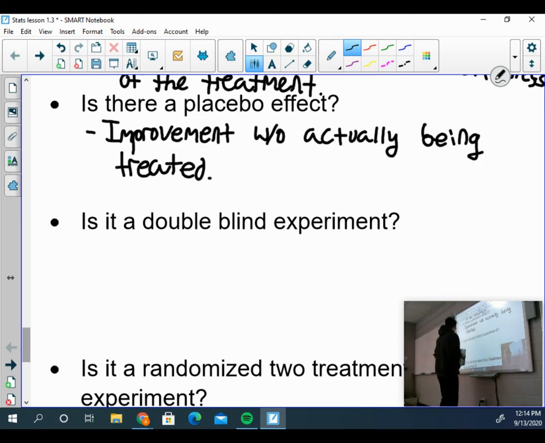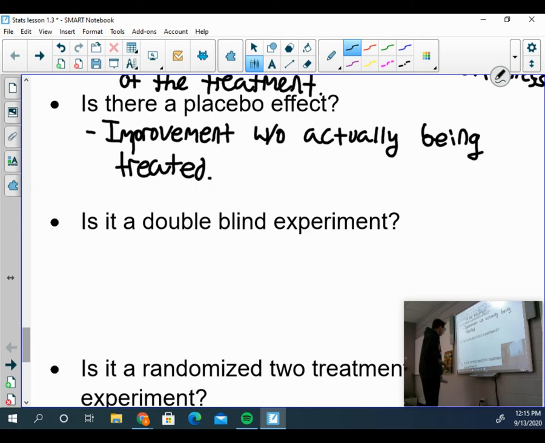It would be like if you have an upset stomach and I give you chalky little circles and you eat them and you feel better. They could actually just be chalk and you're like, wait, why do I feel better? Because you thought they were Tums, right? The placebo effect is when you think you are getting better, but you actually aren't. You just think you are because you think you're being treated.